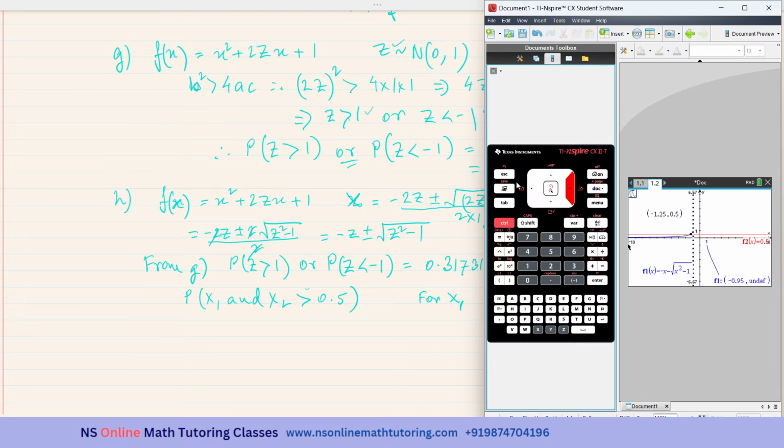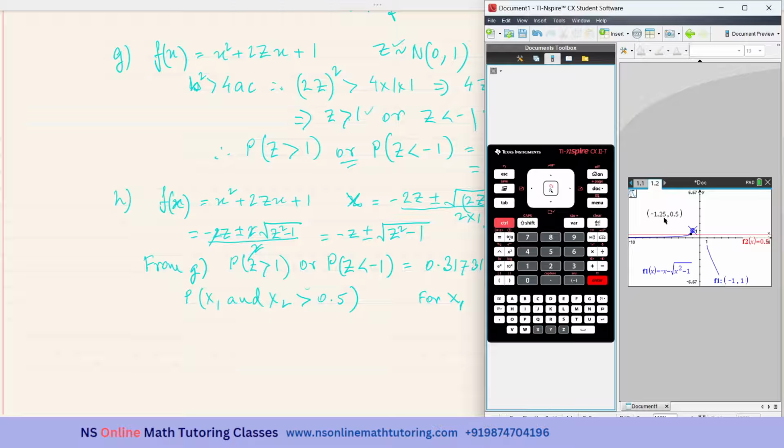Okay, let me just see what is happening when x equal to negative 1. Yes, you see, this is the topmost point for this graph. And for this branch, it is always below 0.5 level. So we do not have to take this branch. And it is at minus 1 and 1.